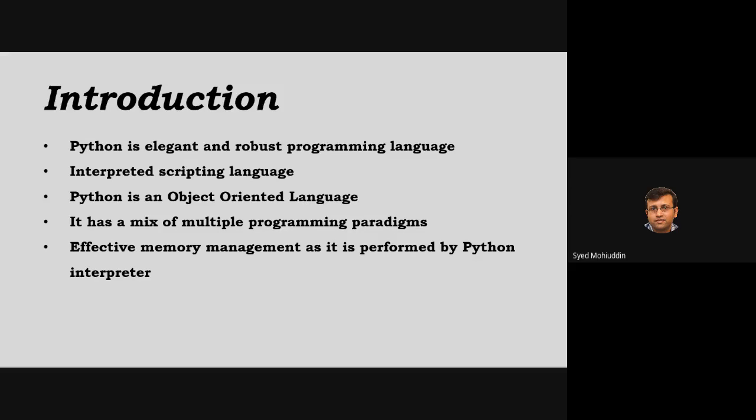The performance is very efficient, that is, the memory management is very efficient. That is why the performance of Python programs is much faster when compared to other programming languages.